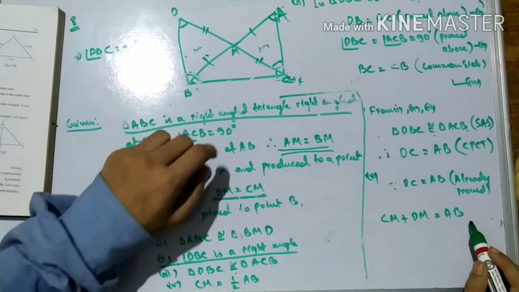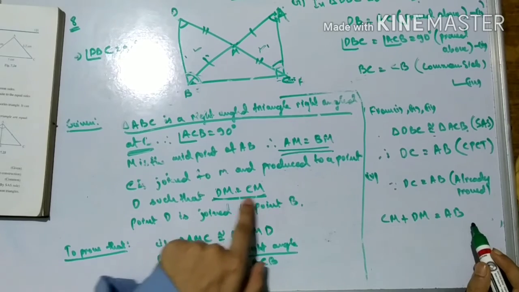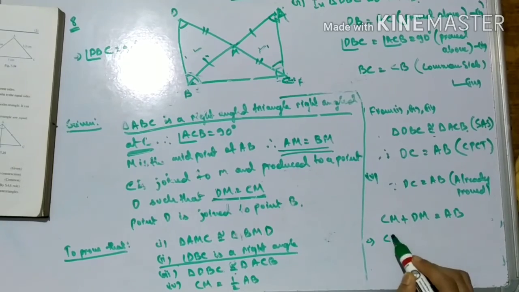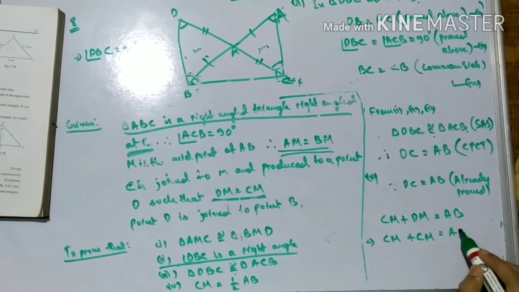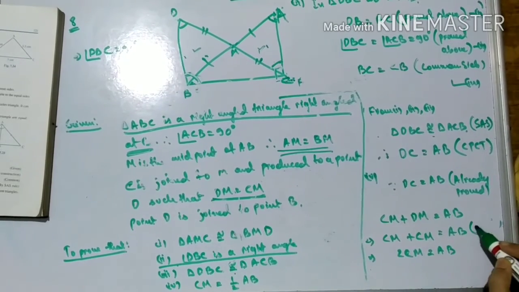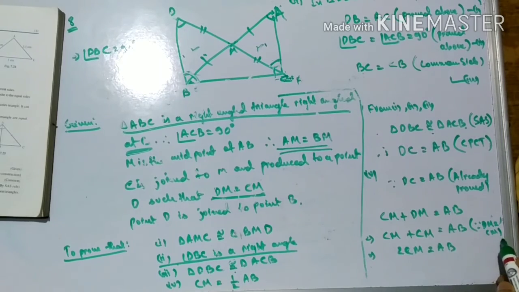Done. And here, I know CM equals DM, so instead of writing DM I can write CM. So CM plus CM equals AB, which is twice CM equals AB. In the bracket you can write, since DM equals CM. Now if I send the 2 to that side, I get CM equals 1 by 2 AB. This is our proof.